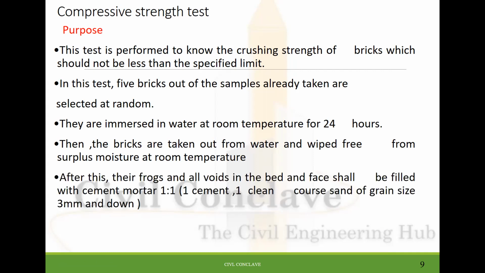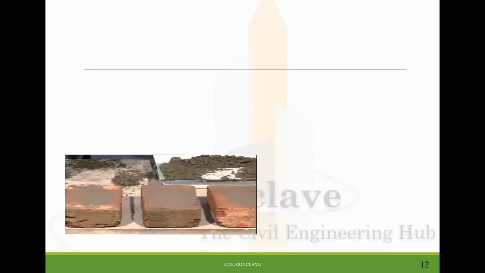After this, the voids: whenever there is a brick, there is a brand name punched in it. It will have some cavity in it. All these have to be filled with cement mortar 1:1. This is the image of how the bricks have been filled with the cement.